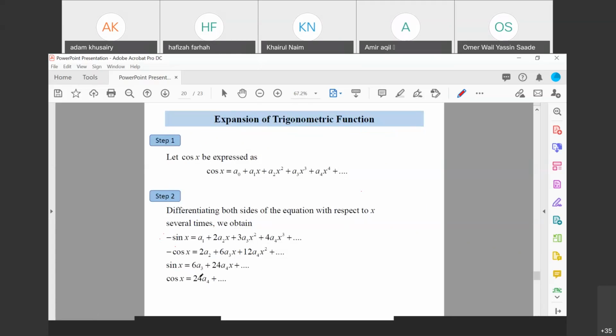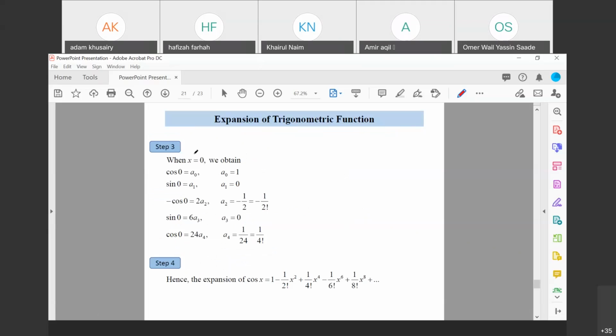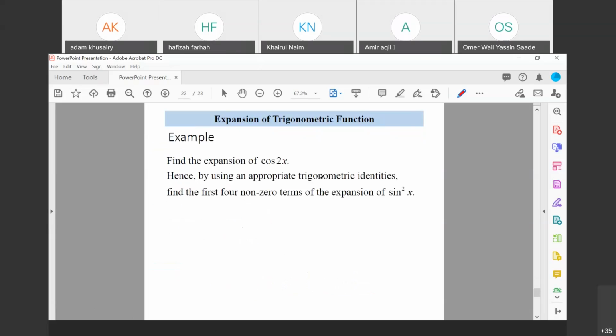Okay, and then the next step is we substitute x equals 0 into the equation, and we have the values of a0, a1 up until a4. Then we substitute back into the power series, and we get the expansion of cos x, which is in terms of this. Okay, so the same method involves 4 steps for the expansion of the functions.